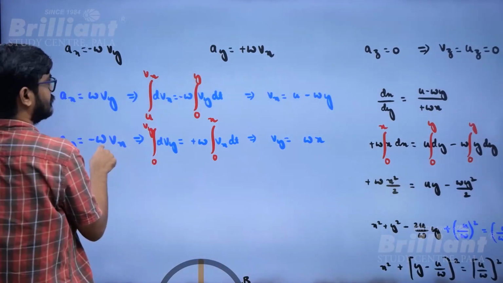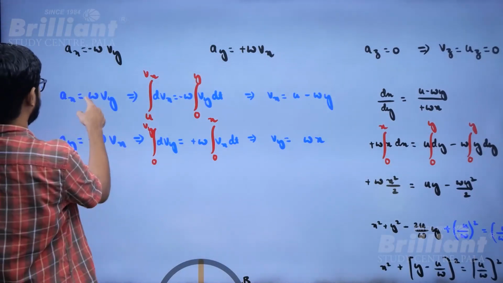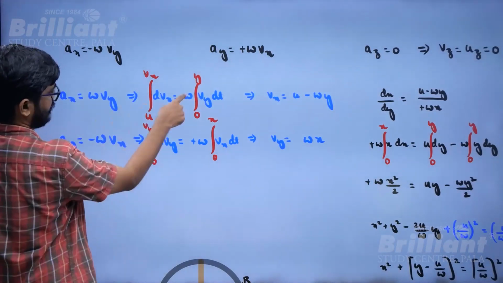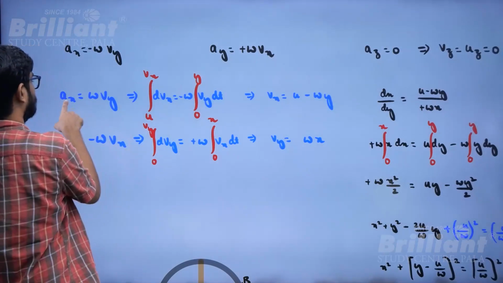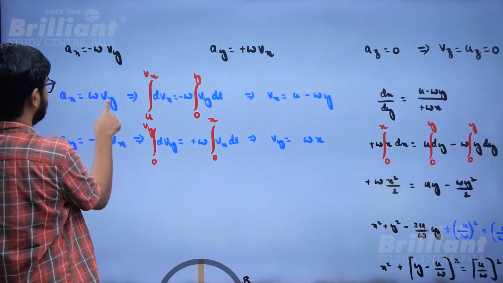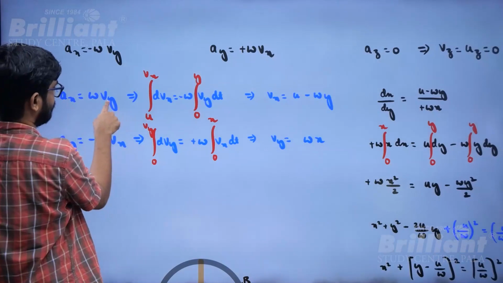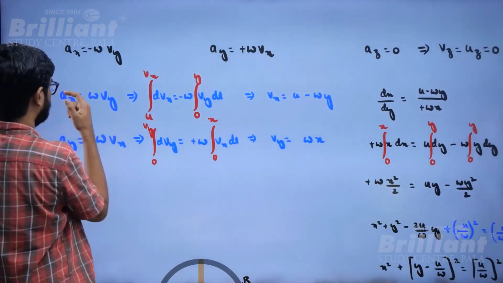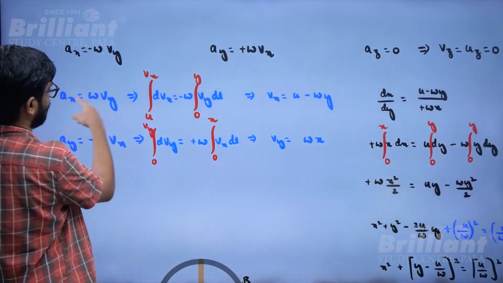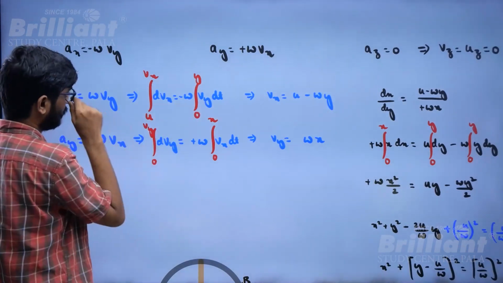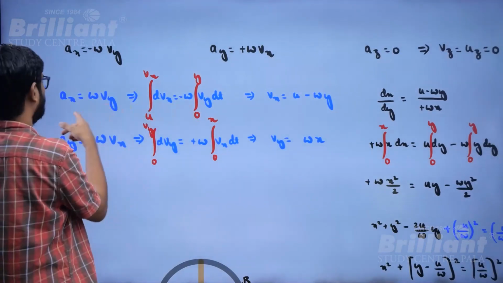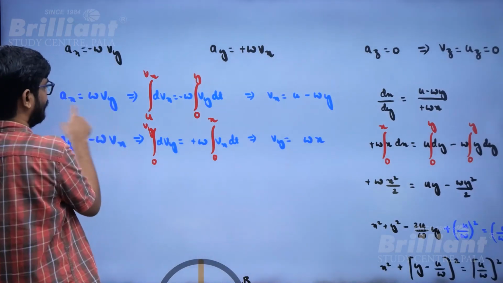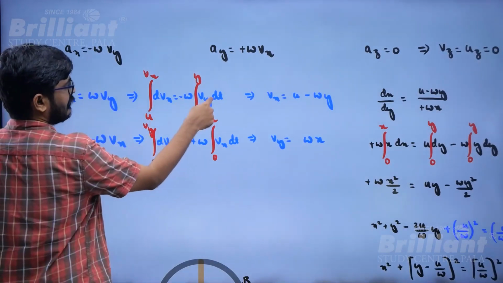I wrote this one as dvx by dt, and this one as dy by dt, so I bring the dt to this side and integrate. You could have done some other thing, but you can write this as dy by dt, you can write this as dvx by dt, dt will go, and you can integrate.